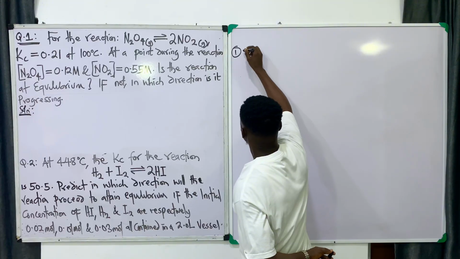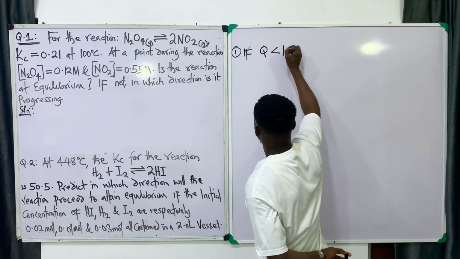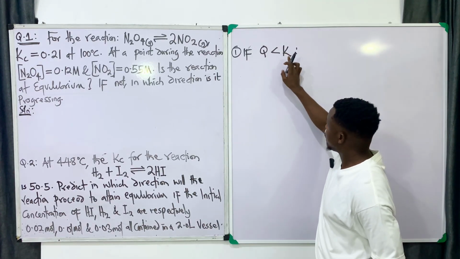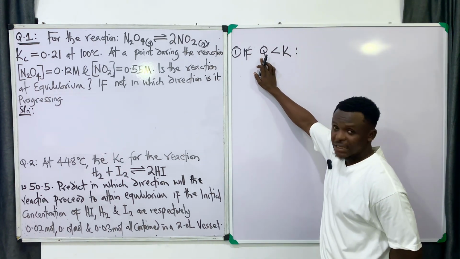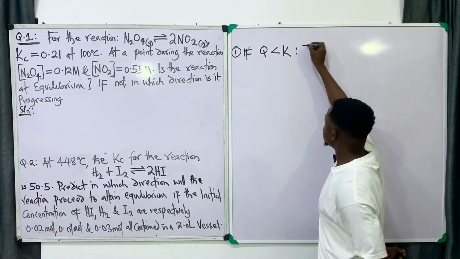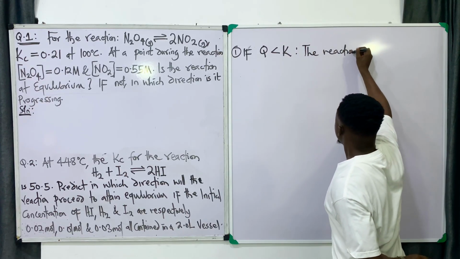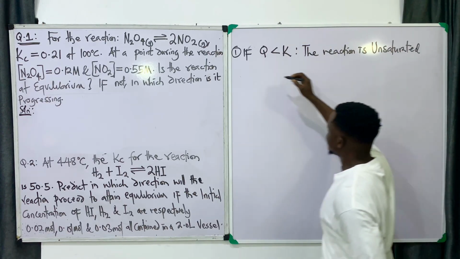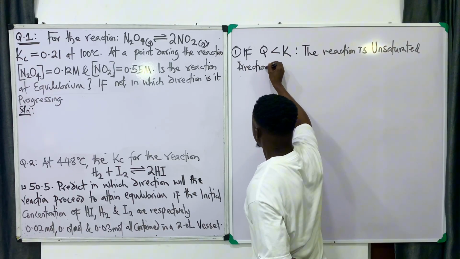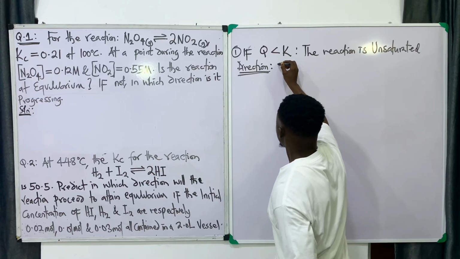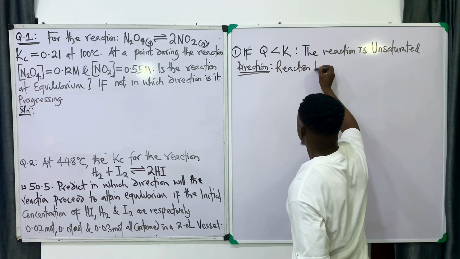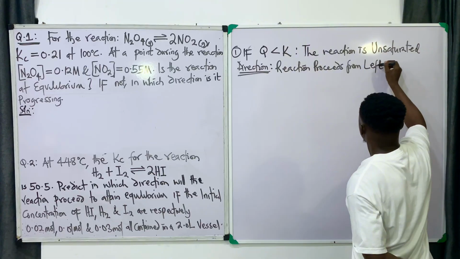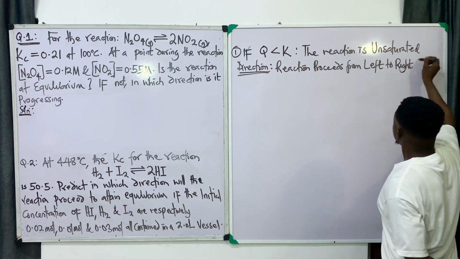All right. So I'll say number one, if Q is less than K, that means when you compare the value of the equilibrium constant and the value of the reaction quotient, the reaction quotient is less than the equilibrium constant, in that case we say the reaction is unsaturated, and the direction of such reaction is that the reaction proceeds from left to right.